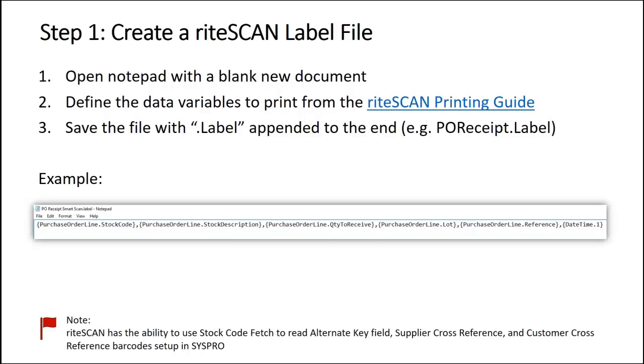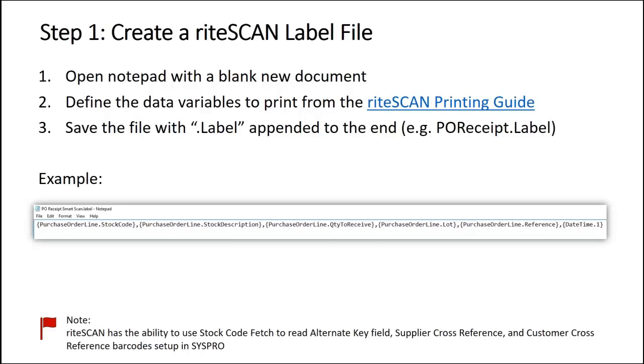It can be a really helpful feature when you're receiving products from a number of different vendors and you have those barcodes in your SysPro system already. Well, now riteSCAN can interpret those as well, and that can be set up in the admin functionality to interpret those different types of fields.